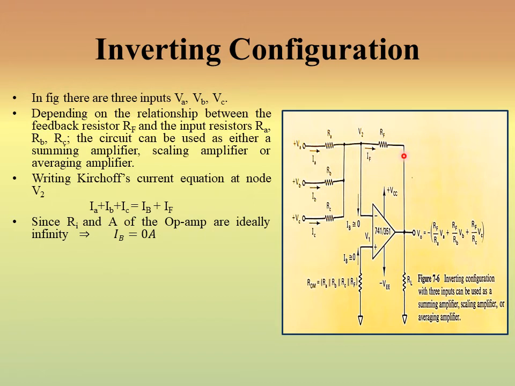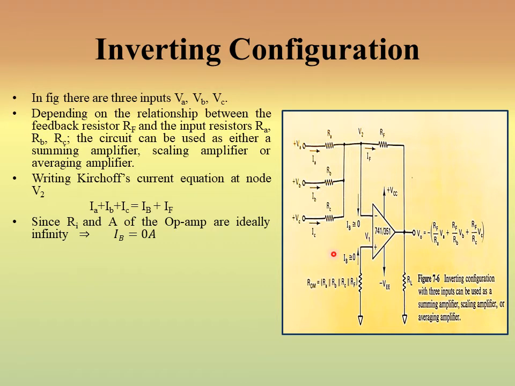IF. Also, because the gain is considered infinite, this means that V1 minus V2, this is V1 and this is V2. So what is gain? Gain is output voltage upon input voltage.